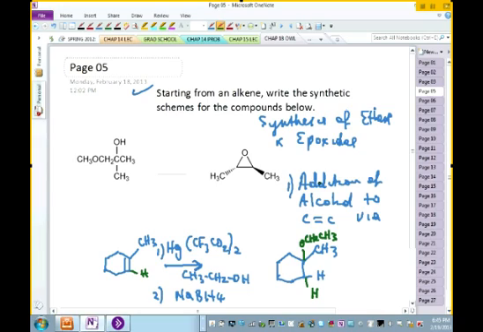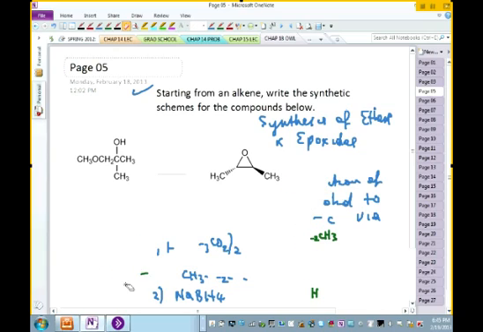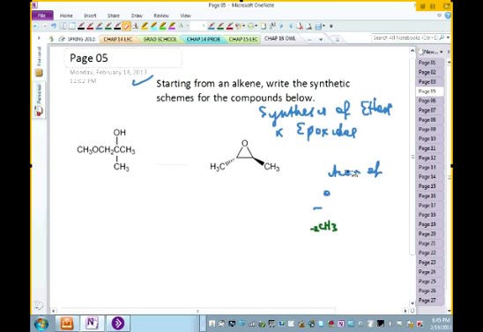Okay, that is one. Now another method for making ethers, you got this already? Okay. Another method for making ethers, let's call that number 2, is what we call the Williamson ether synthesis.